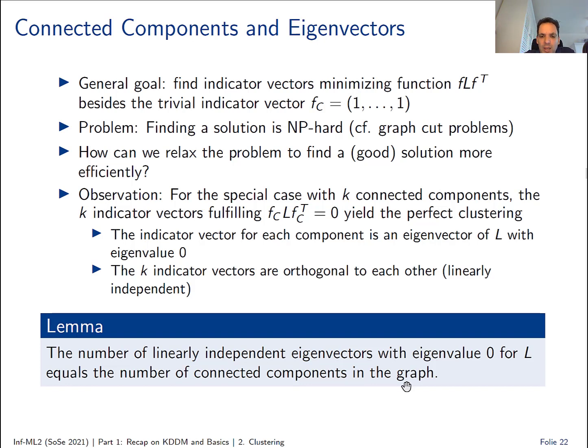So if we want to cut this connected graph into k components, we just look for the k eigenvectors with the smallest eigenvalues. Those are the indicator vectors for those k clusters, k connected components.